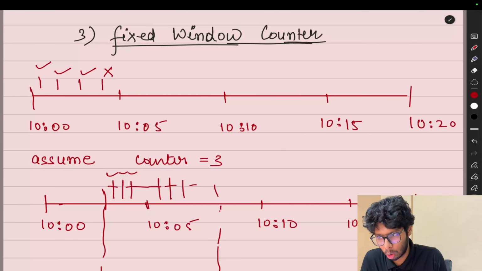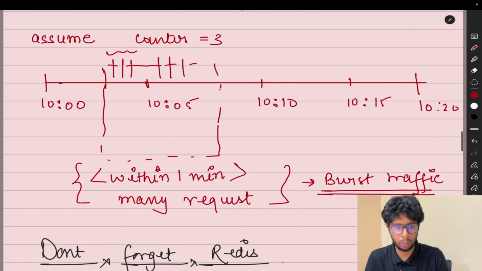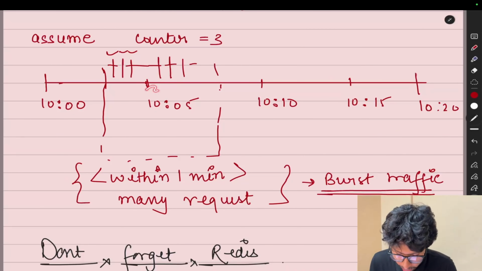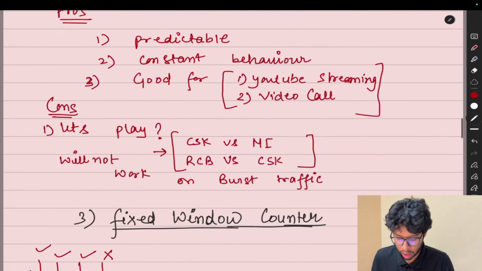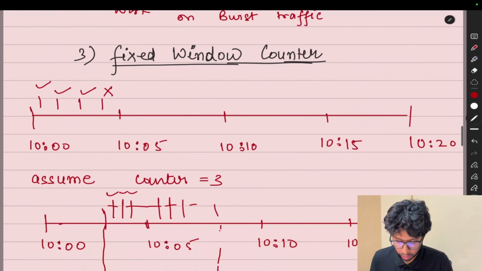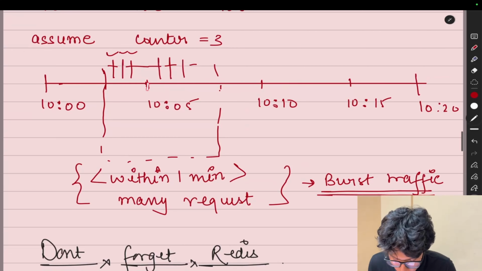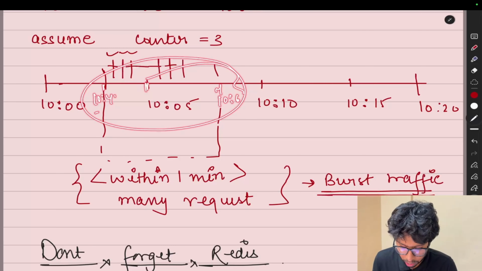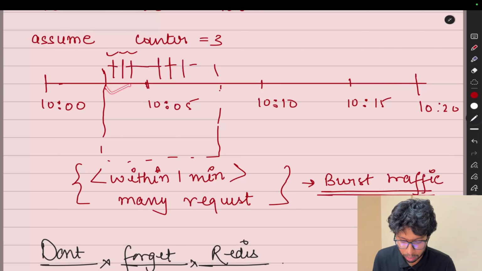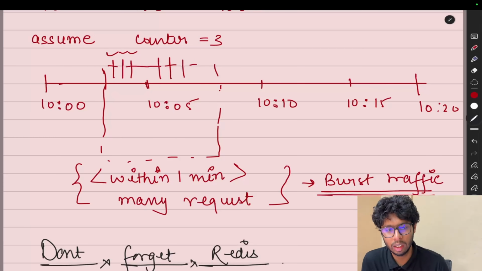Now there's a problem in this whole window. Here I mentioned 10:05. It is the same problem that we faced in our first point about burst traffic. Before 10:05, say at 10:04, and after, at 10:06, in this whole time frame of 10:04 to 10:06 we got 6 requests, because 3 requests can be accepted between 10 and 10:05 and another 3 requests between 10:05 and 10:06.